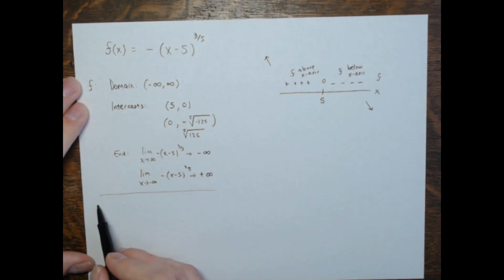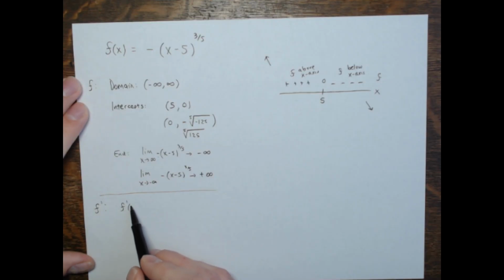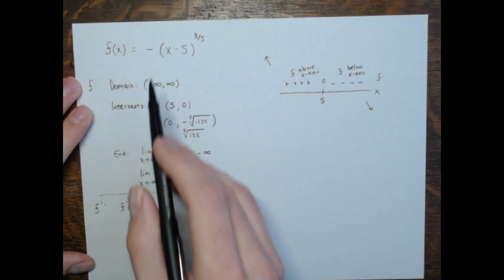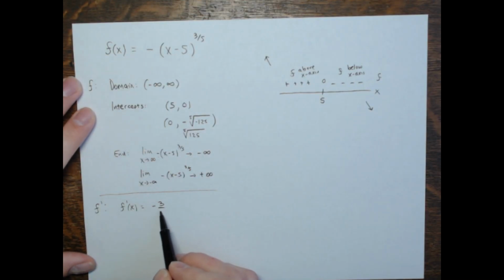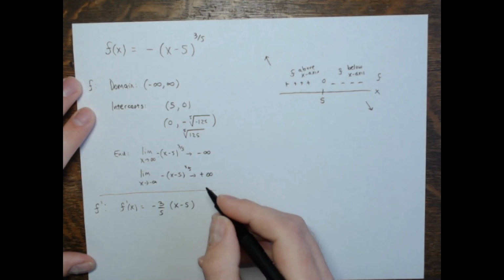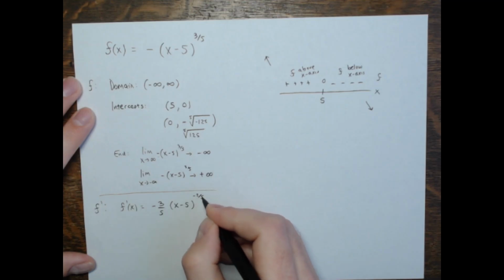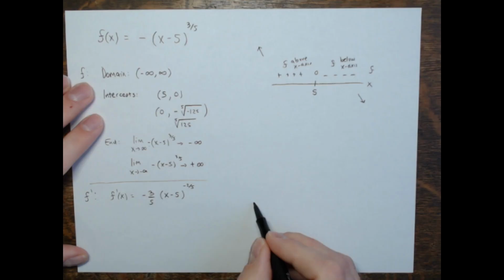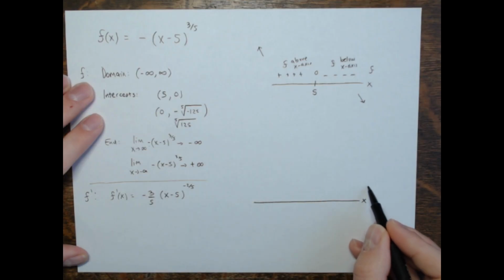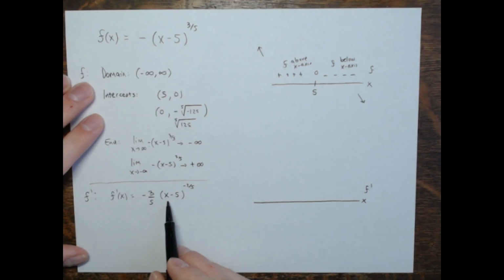All right, so now the first derivative. Now f prime, we do a simple power rule thing here, would be -3/5 times x minus 5 to the -2/5. All right, so the critical values. So I'm doing x, f prime here.